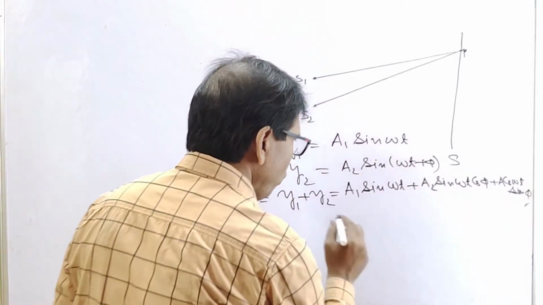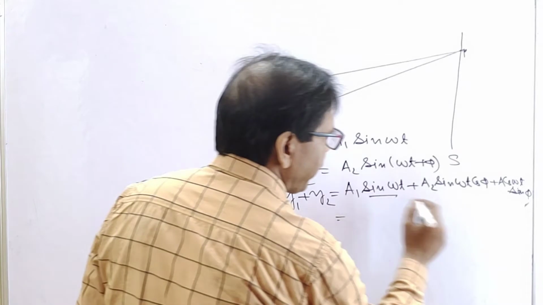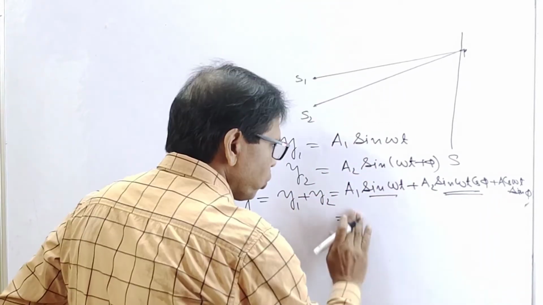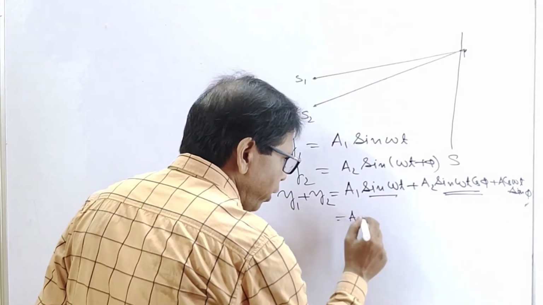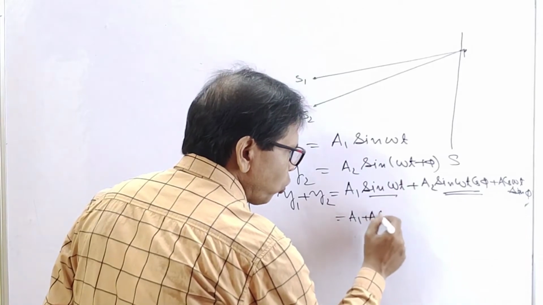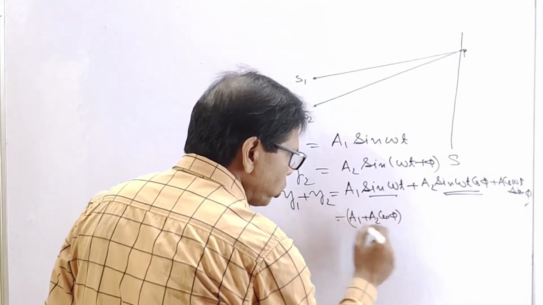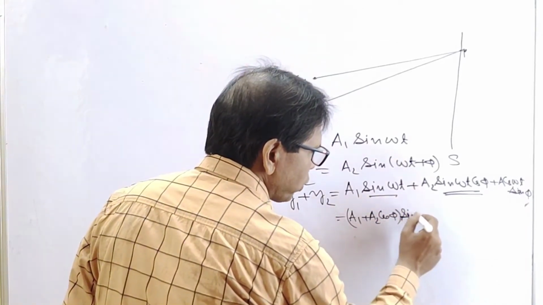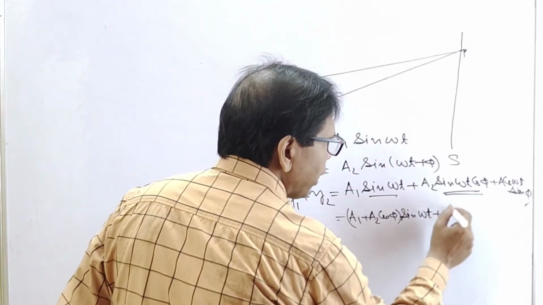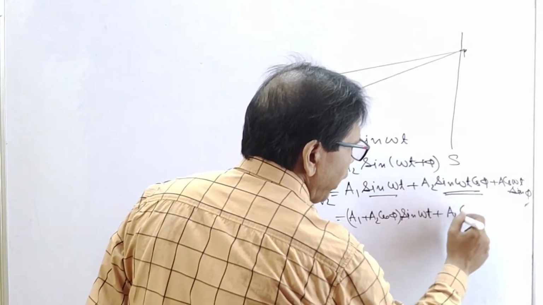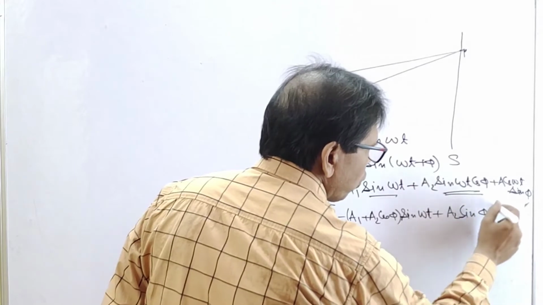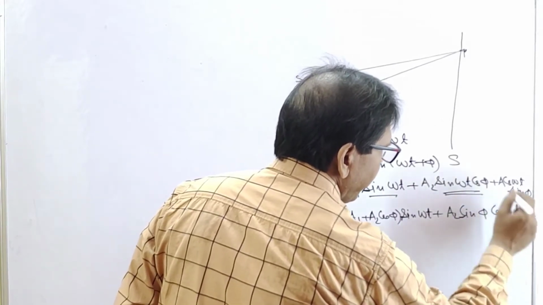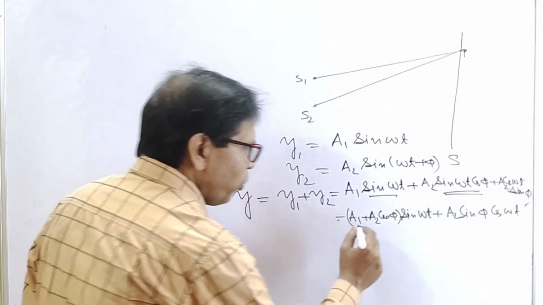Now here we have sine omega t and sine omega t, so we get A1 plus A2 cos phi into sine omega t plus A2 sine phi into cos omega t. Understood?